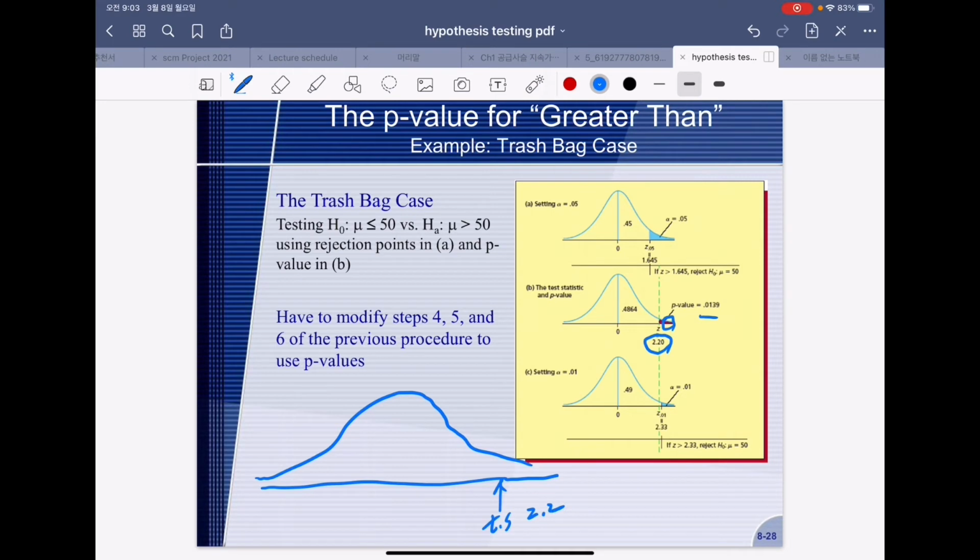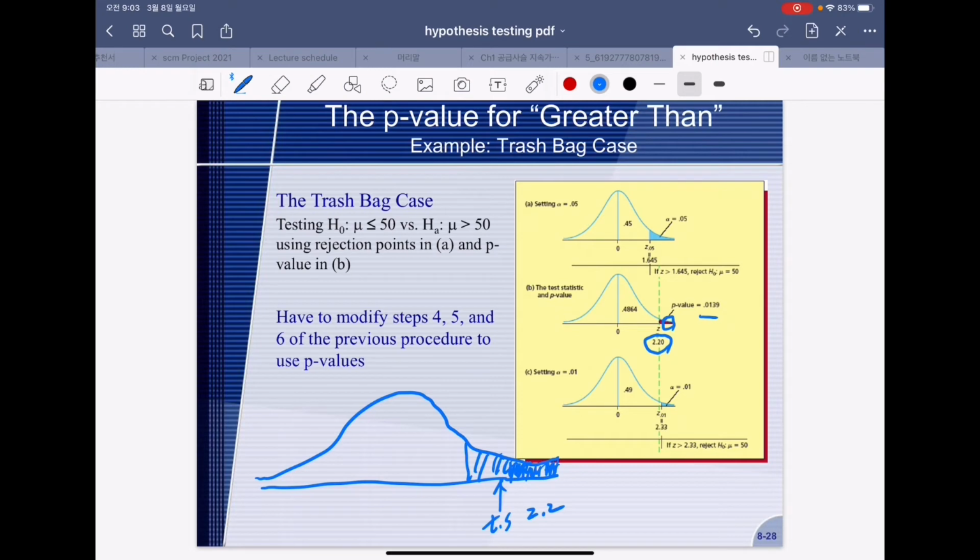Now, suppose alpha is this, then you don't reject the hypothesis. Suppose alpha is this, you still don't reject the null hypothesis. Now, what if alpha is this? Then you reject the null hypothesis. So in this case, the smallest alpha for which you reject the null hypothesis is this.